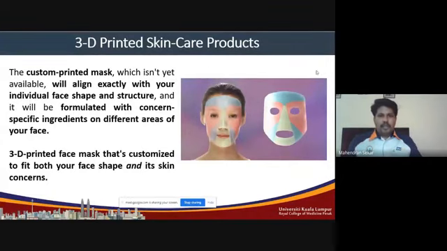But the beauty of this mask is that in different places and different locations of the mask, we can put different ingredients. That will give different beneficial effects to the face. So in the cheeks area we can give different ingredients, in the forehead area different ingredients, and at the bottom of the lips, we can also give different ingredients.